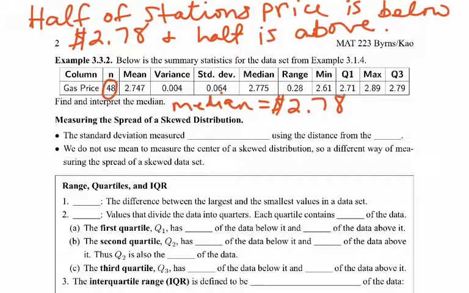If you don't know what the distribution looks like, I don't have the data in front of me, so I don't know if this is skewed or symmetric, the median is always a safe measurement to use for that typical value. So that's something to keep in mind as we go forward.